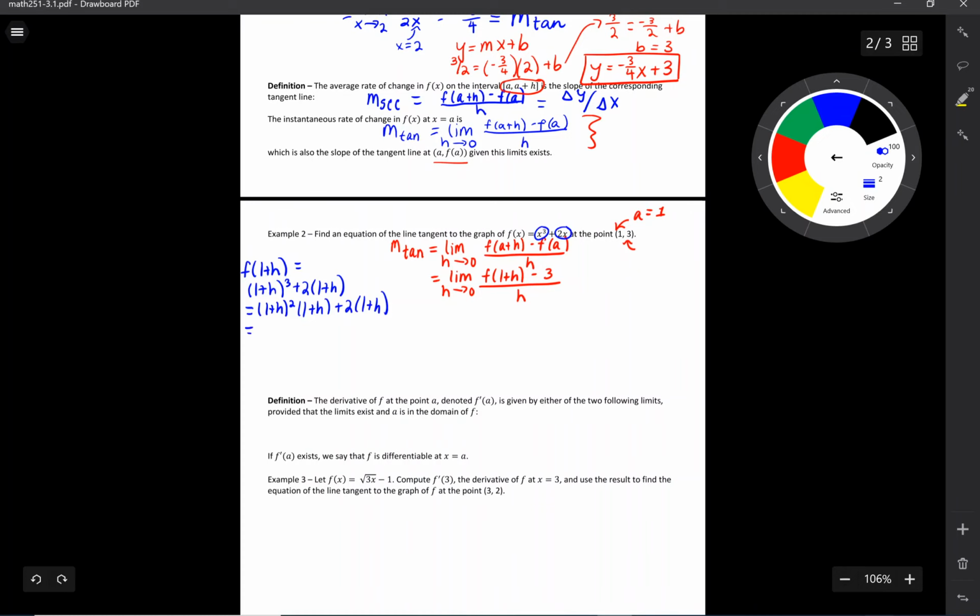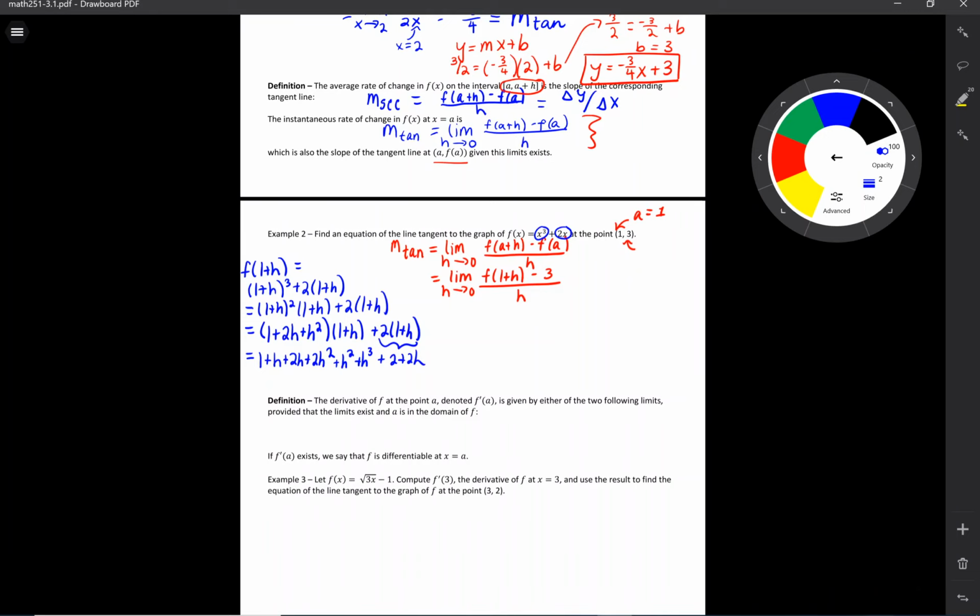Okay, so 1 plus h squared is 1 plus 2h plus h squared. If you don't believe me, fill it out. And then I'm going to multiply this by 1 plus h again, plus 2 times 1 plus h. Well, this is equal to 1 plus h plus 2h plus 2h squared plus h squared plus h cubed plus 2 plus 2h.